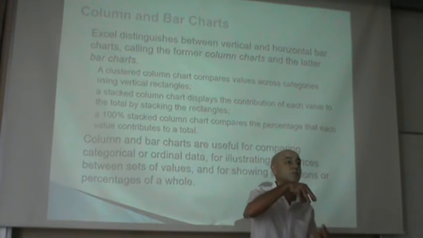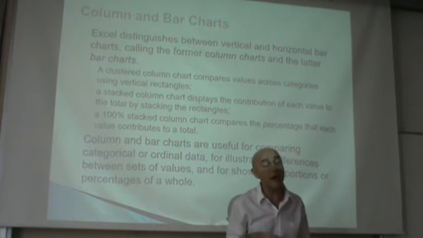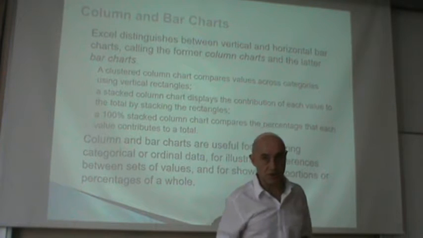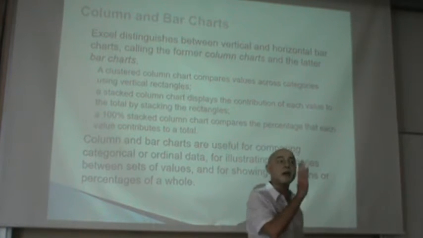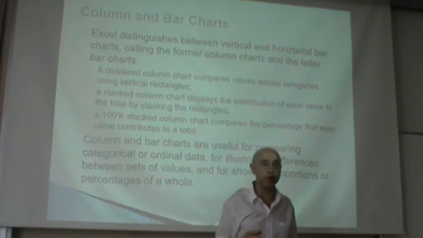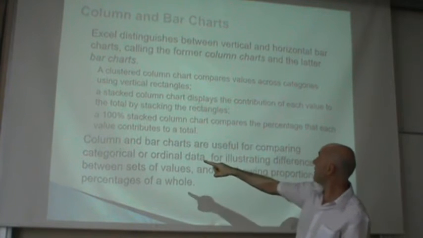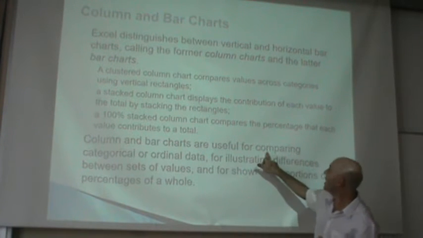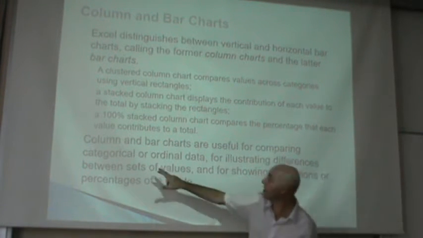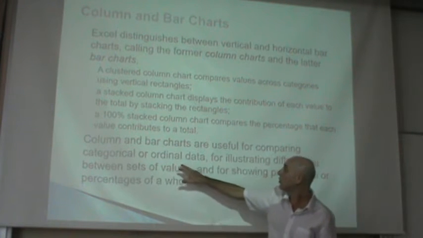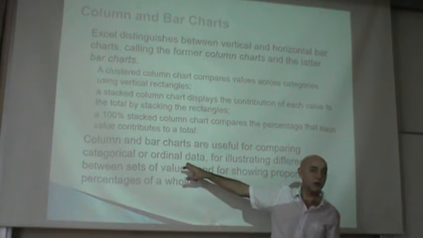Sometimes the column can be clustered, but it might not be clustered. So you may have columns arranged next to each other. You can also have a bar, okay? They're useful for comparing categorical or maybe ordinal data.